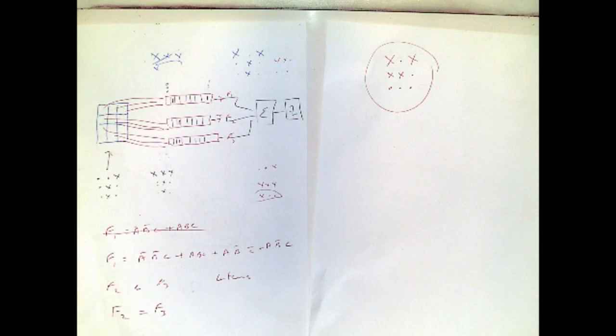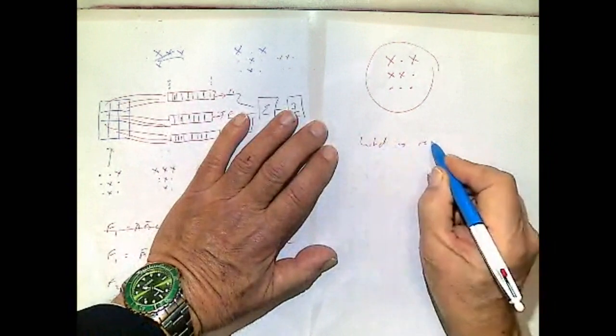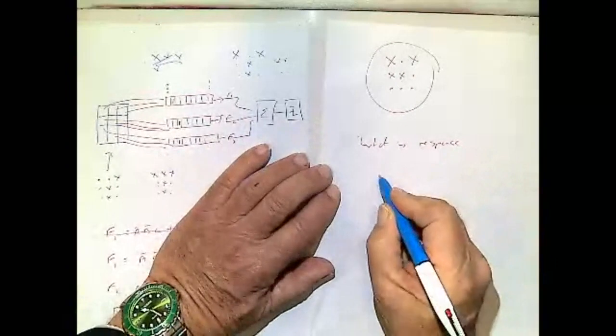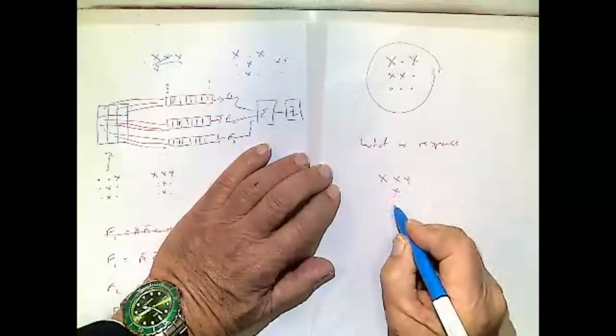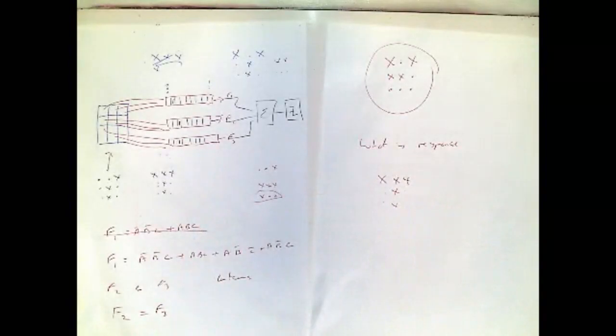More simply, if I'm kind, I might say, what is the response of this pattern? Oh, let's take the letter T. How does a T respond to a Y detector? Positive.